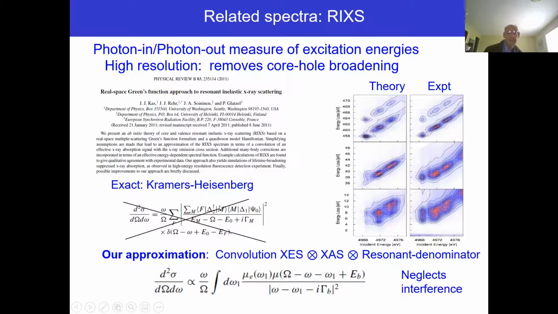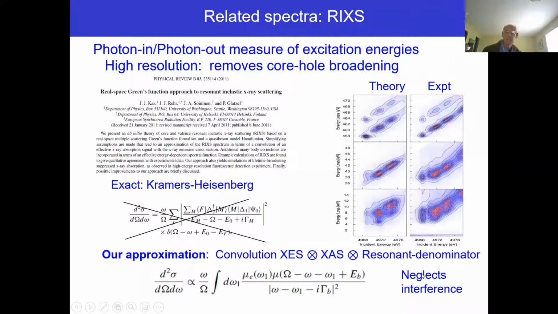It's computationally difficult to do all these sums. And this has lots of extra terms. They're called interference terms. If you neglect that interference, it turns out that you can rewrite this in terms of X-ray absorption, X-ray emission, I think I mentioned that before too, the occupied part, and then this denominator, which is resonant.